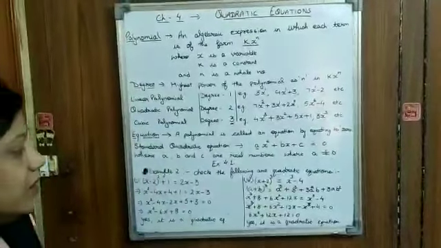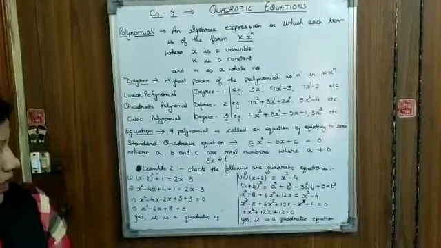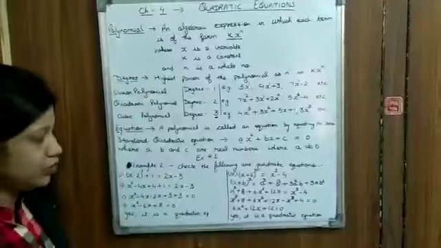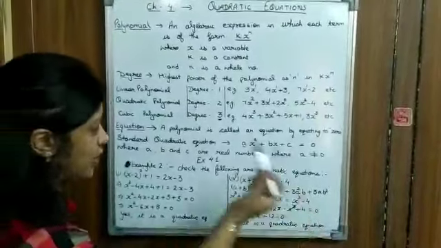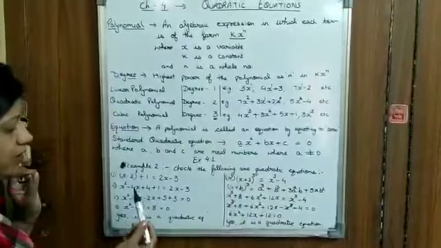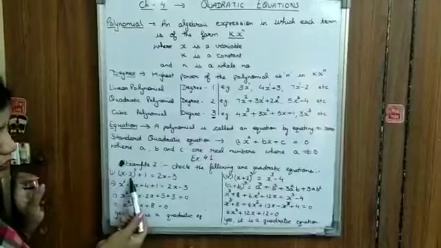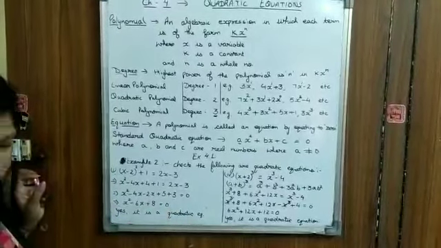Next, let's discuss our exercise 4.1 examples. Let's come to the example 2. First I am going to start with the example 2. Example 2. Check whether the following are quadratic equations. The first part of your example 2 is x minus 2 whole square plus 1 is equal to 2x minus 3.